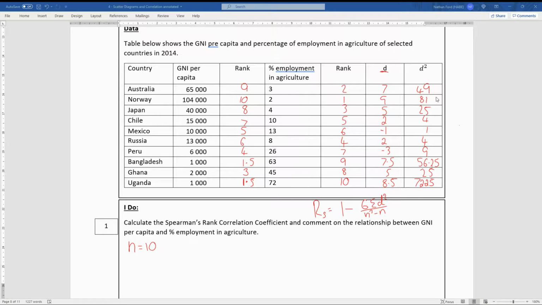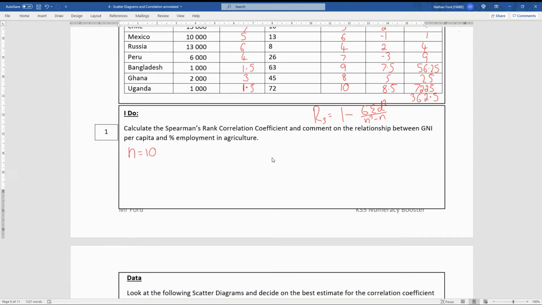Okay, so typing this into the calculator, when I sum them all together, I get 326.5. Okay, so what I've got is n is 10, the sum of d squared is 362.5. Okay, so now I can go about and start putting that into this formula.